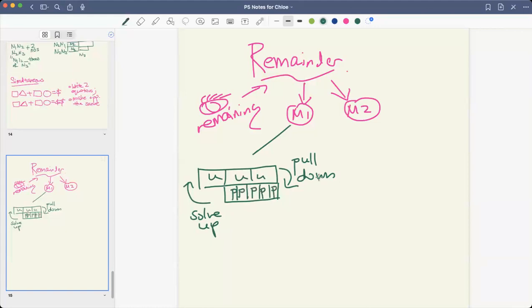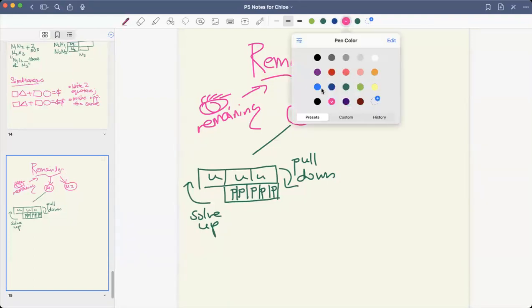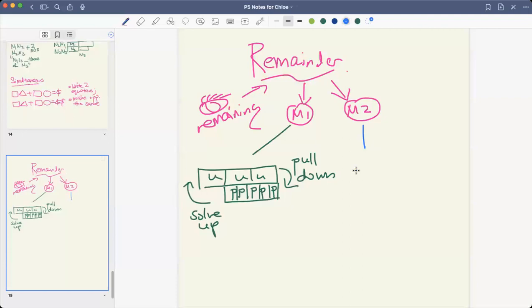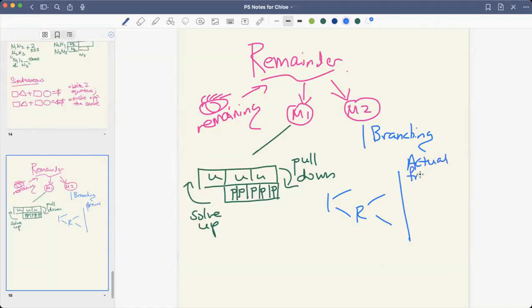Oh, still have, this is not the last one. I'm so sorry. Then this will be branching. We call branching. So we have that. And of course, you need to know how to handle actual fractions.